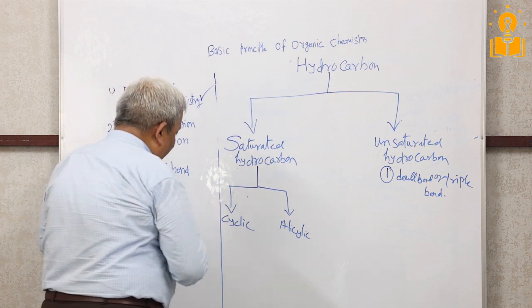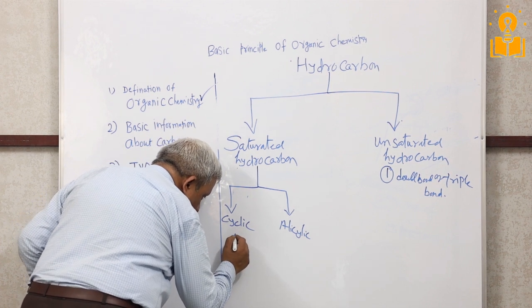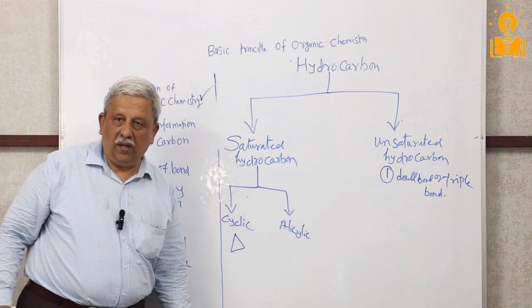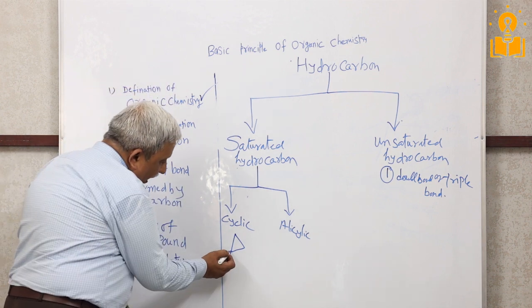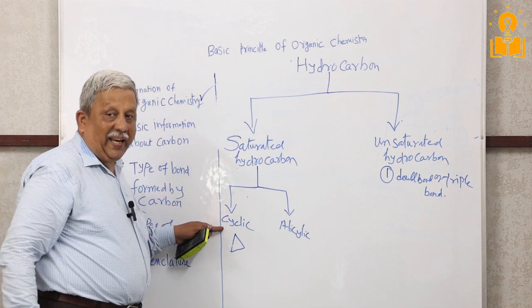The example for a cyclic compound is this, propane. You can see all ends are closed, so that's why it is called cyclic.